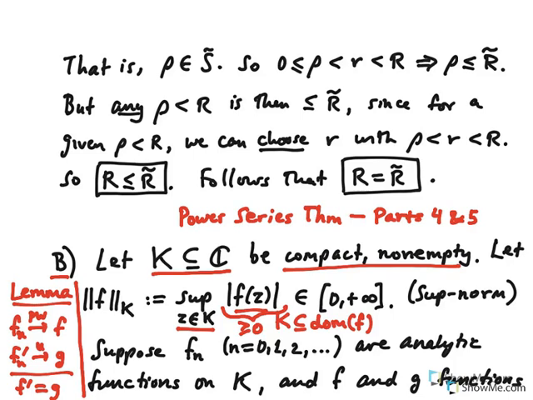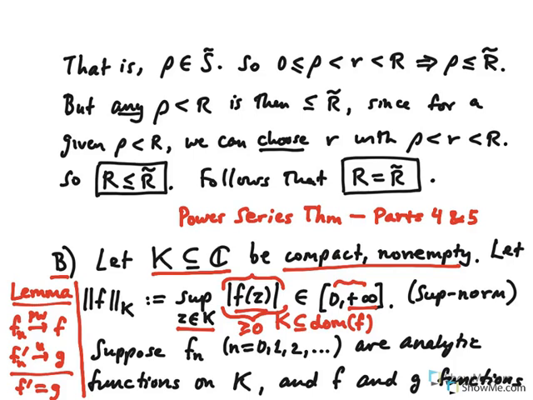And the supremum will be greater than or equal to 0 because all the numbers that you're taking the supremum of are greater than or equal to 0, because they're moduli. Anyway, so the answer is going to come out to be in this interval, but it might take the value plus infinity, because these numbers here may be unbounded as z moves around K. And because f could be discontinuous, it may be that there's a sequence of points in K for which the values of f at those points just get infinitely large in modulus.